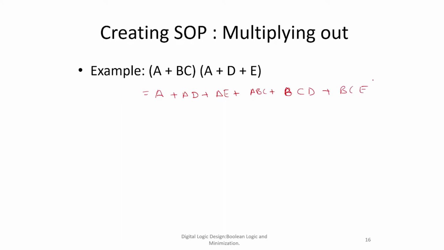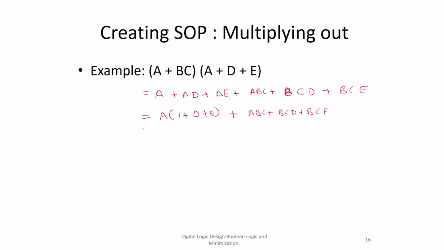Now, because the purpose is not just multiplying out, but also to create a better form which is also simplified, here I can take A as common, and I can say A times 1 plus D plus E, correct, plus here I think I cannot take anything better. So ABC plus BCD plus BCE.